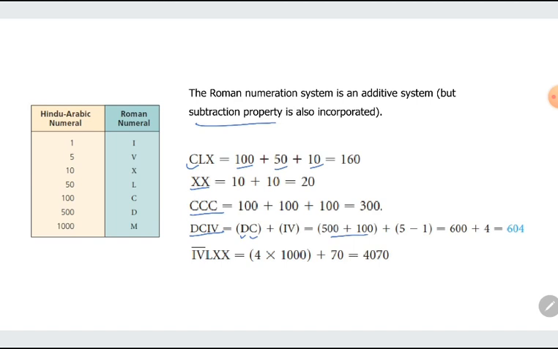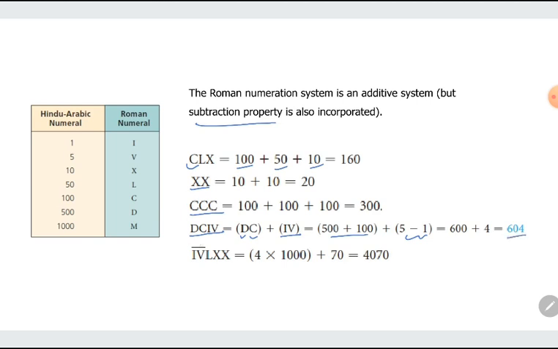And then I and V, so I, the value of that is 1, and V, the value is 5. So that's when you do some subtraction. So 5 minus 1, that's 4. IV is the numeral for 4, if you remember. So what you have is a numeral for 604.